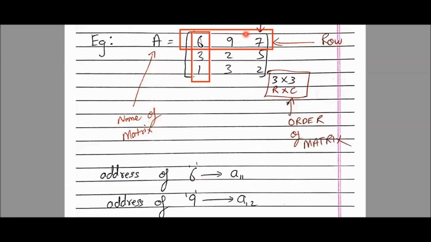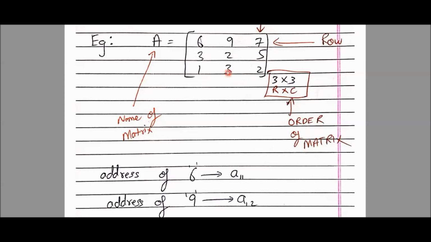Now let's go on to some other one. 9. Students, now I'm not highlighting. Can I say 9 belongs once again to the first row? And which column does 9 belong to? 9 belongs to the second column. So first row, second column, 1, 2. Similarly, I'll ask you one more thing.